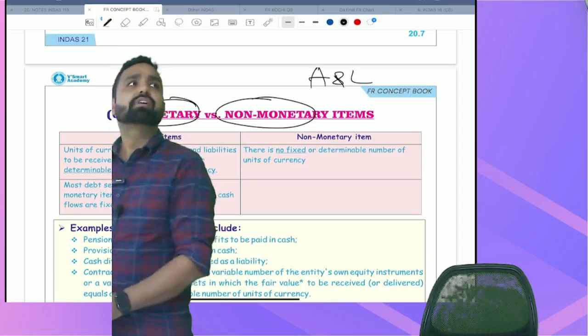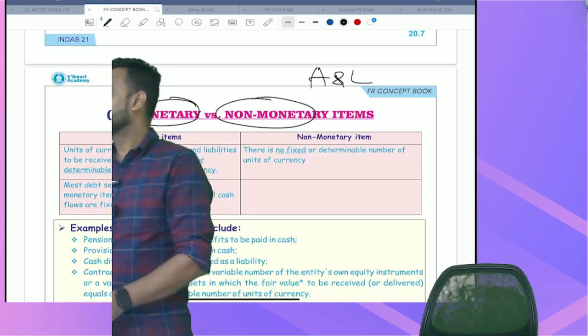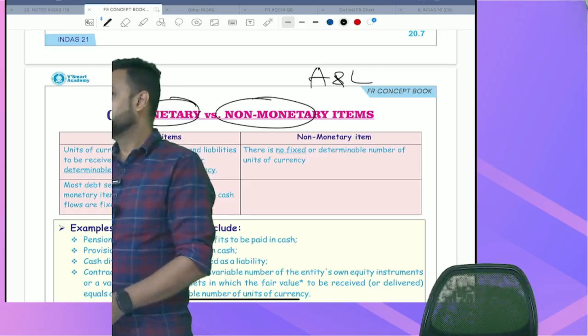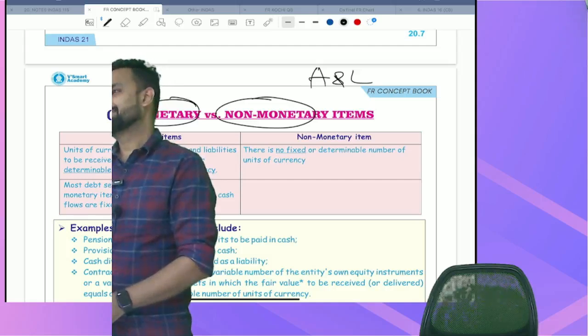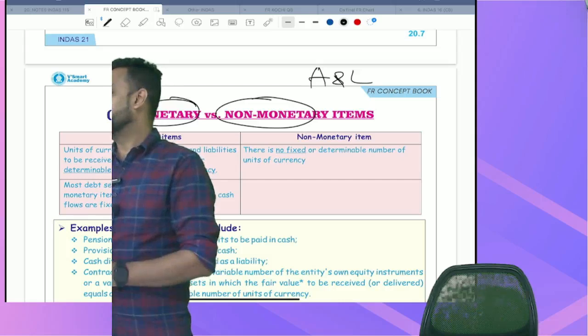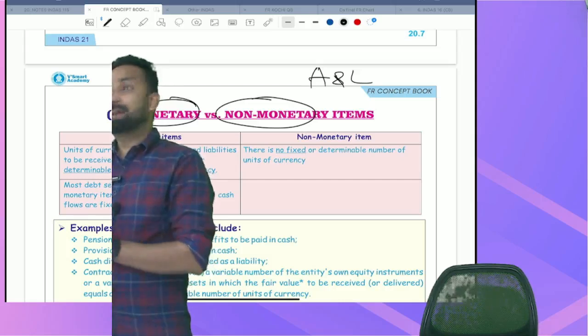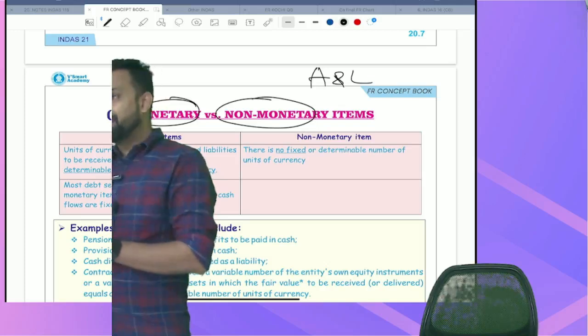Last. Investment in equity shares. Which Ind AS? Ind AS 109, financial instruments. The definition of financial instrument, financial asset: cash including bank deposits, and the second line, equity instrument of another entity, is the investment.